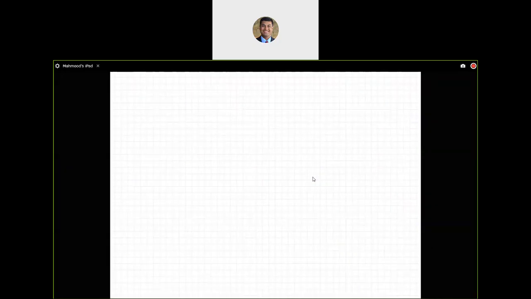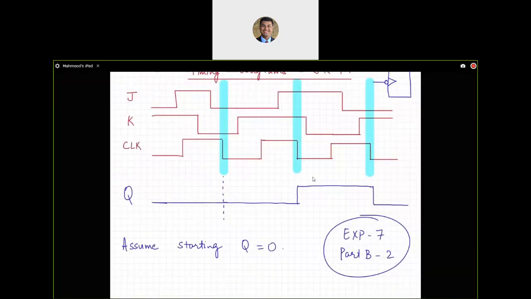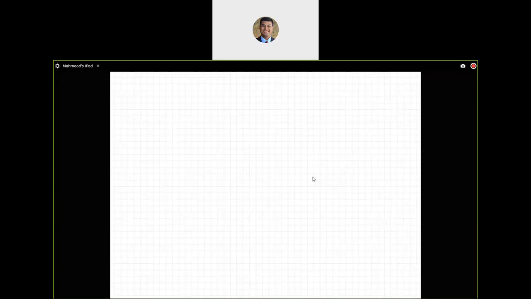I'm not going to go through all the details of what is inside a JK flip-flop. My goal right now is to just give you a sense of the basic elements of memory. So how do we implement memory in circuits?